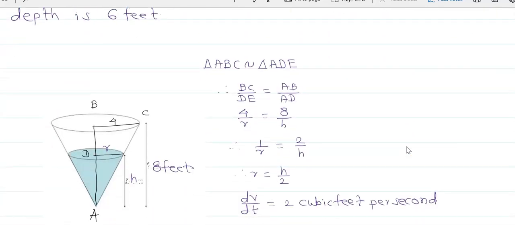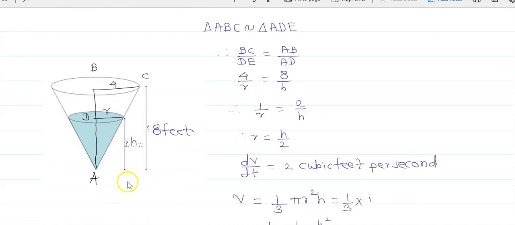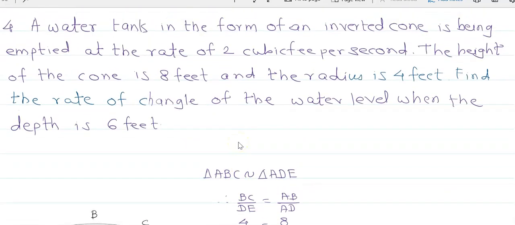Now here, see this triangle. This is the tank. It is in the form of the inverted cone. And this is the height. Total height is 8 feet. The radius is 4. We want to find out the rate of change of the water level when the depth is 6 feet.